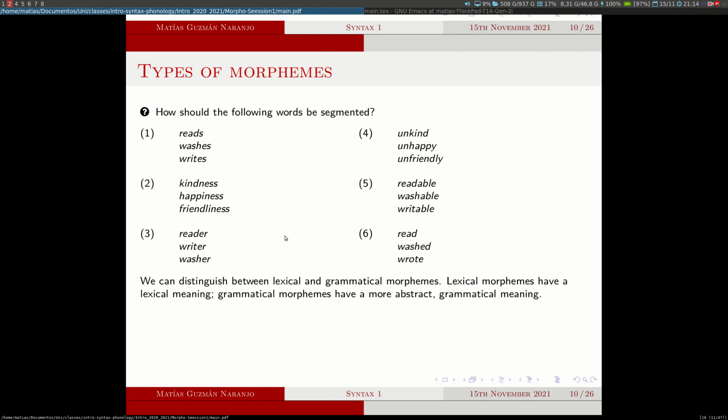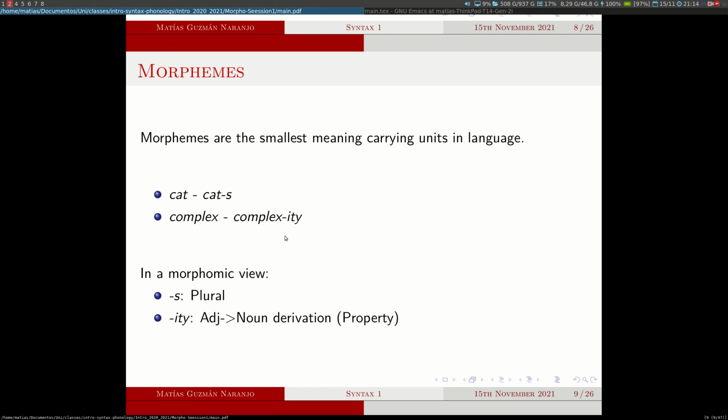So the point is, we can distinguish between lexical and grammatical morphemes. The lexical morphemes have what we call lexical meaning. So if you recall, in cats we have two morphemes: the cat morpheme, which has the lexical meaning of it being a cat, like in the real world, and the -s has the meaning of plural.